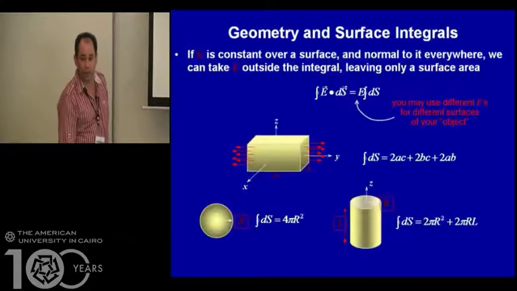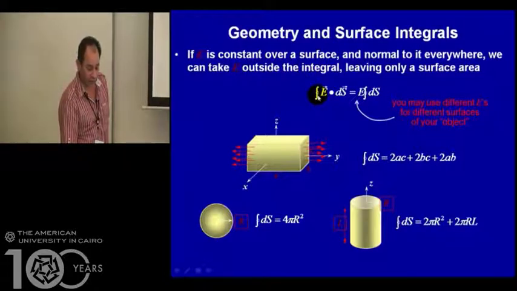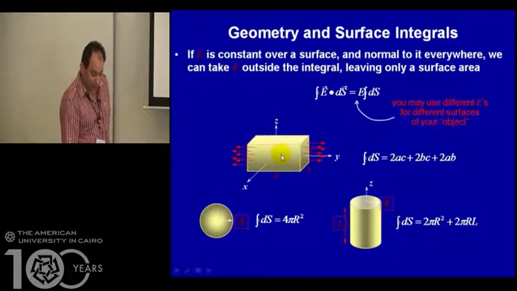And since we're talking about the integration over a closed surface of E dot ds, let's consider the surface area of a box shape.